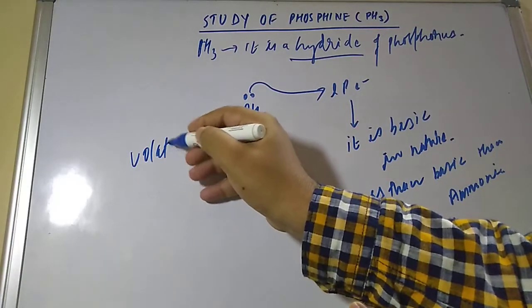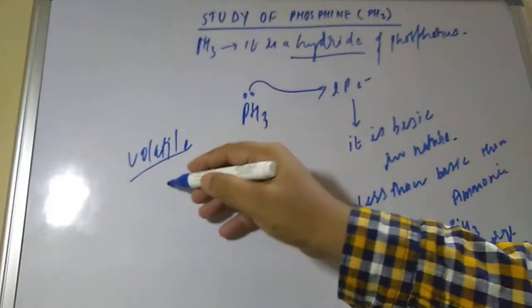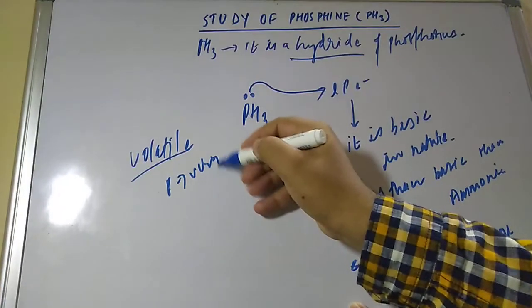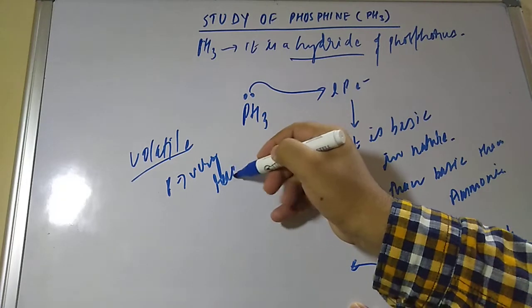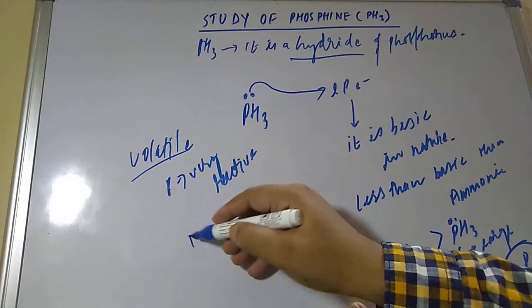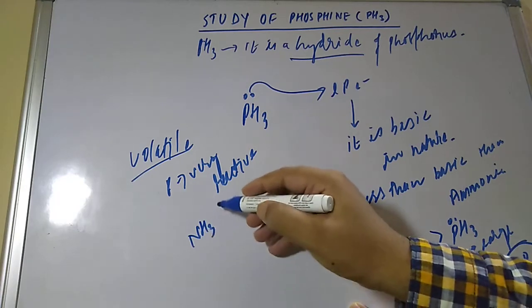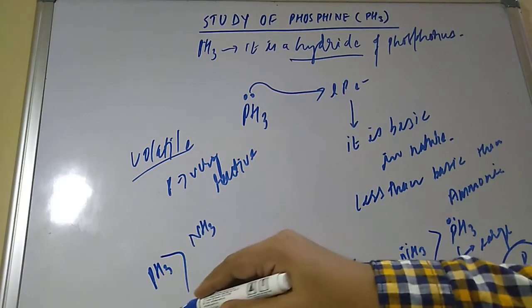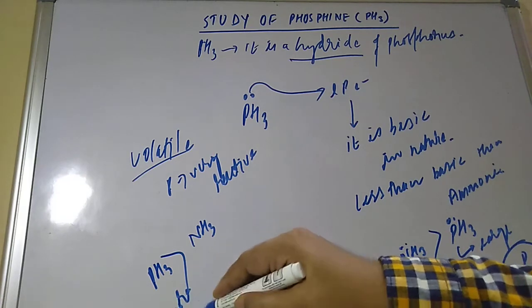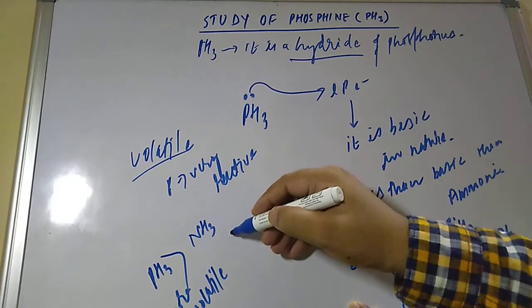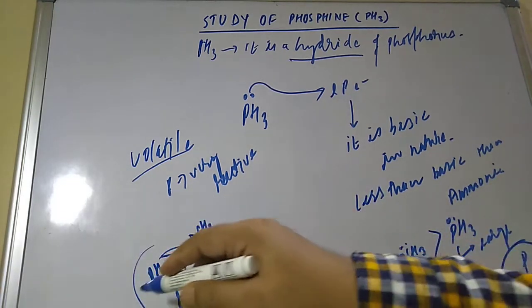Now one more question, the volatile nature. We know phosphorus is very reactive. When comparing with ammonia, PH3 is more volatile. Why is PH3 more volatile?